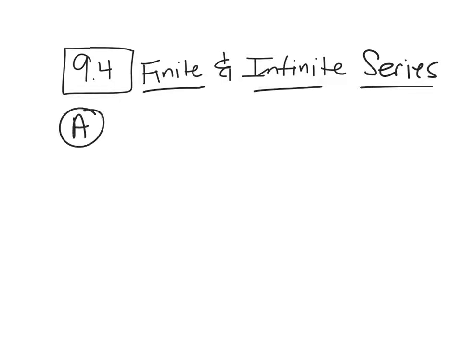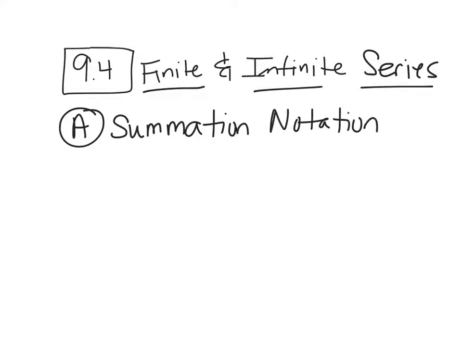Letter A. Let's go ahead and first talk about a little something called summation notation. Summation notation is going to be our sigma. Remember this? So summation notation is a capital letter S. It's a Greek letter called sigma.